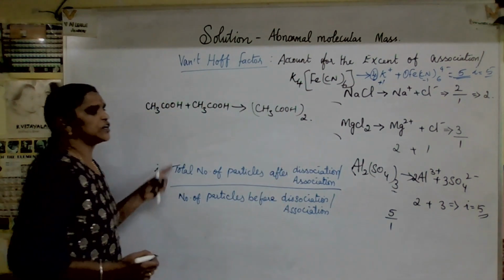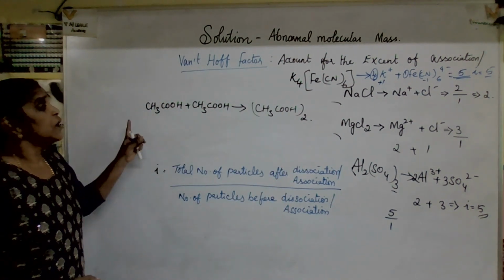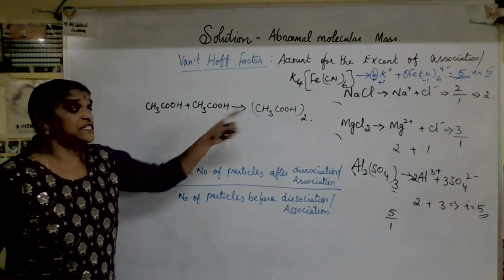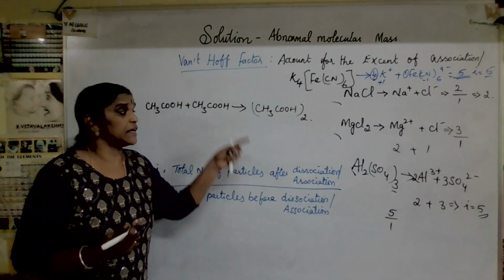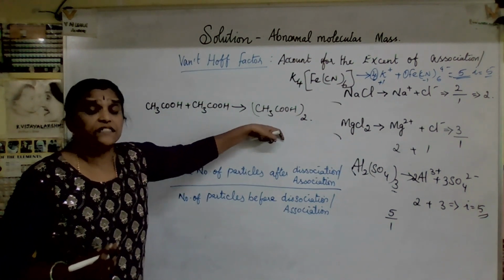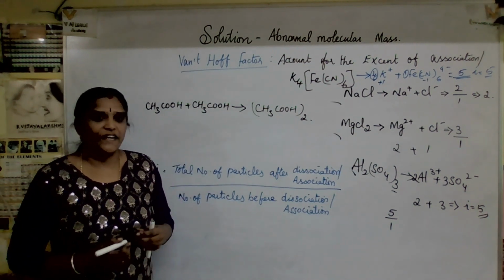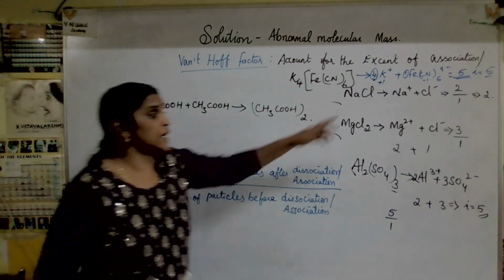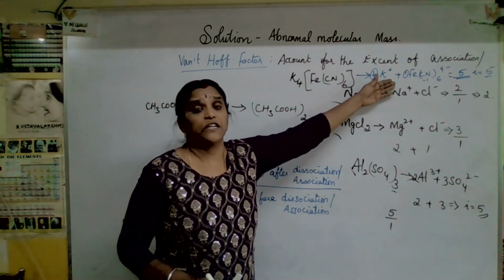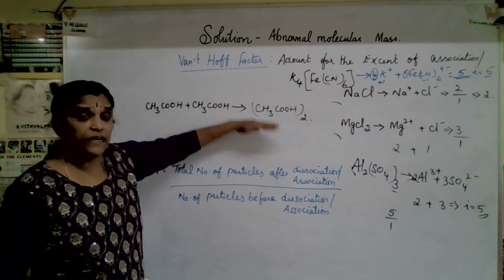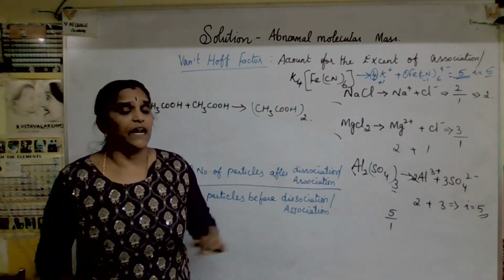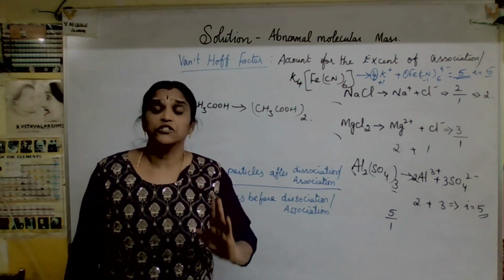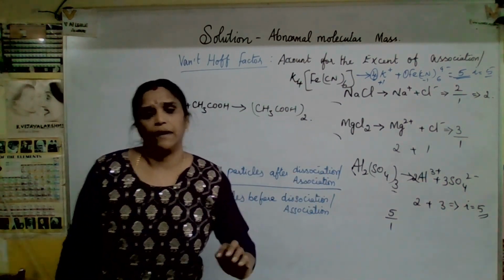So this is association. Here the van't Hoff factor decreases as the colligative property decreases. The number of particles decreases, so colligative properties also decrease. As the number of particles increases, colligative properties also increase. As the number of particles decreases, colligative properties also decrease. Hope you got a clear idea. Come on, let us go for association and dissociation very clearly.